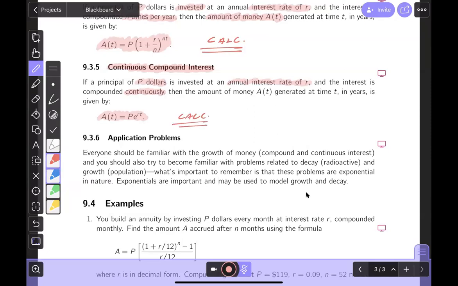Last but not least, there will be some application problems. The application problems are either going to be growth or decay. These guys over here, let me just point that out to you, are considered growth problems. And why is that? The money increases over time. This is a growth problem. Are there decay problems? Yeah, there's decay.